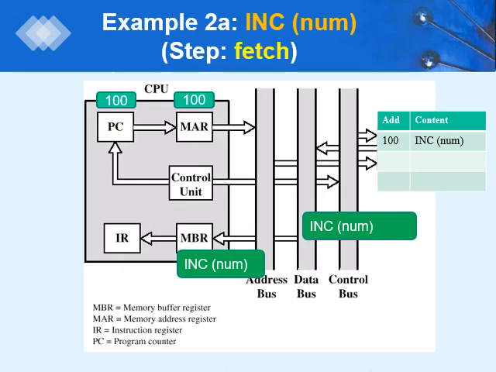And lastly, the third step is to move the content of the MBR to the instruction register, IR. Because the instruction specifies an indirect address, therefore, we must go into the indirect cycle after this in the next slide.